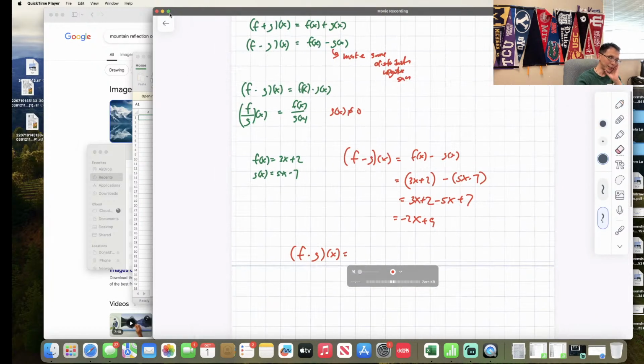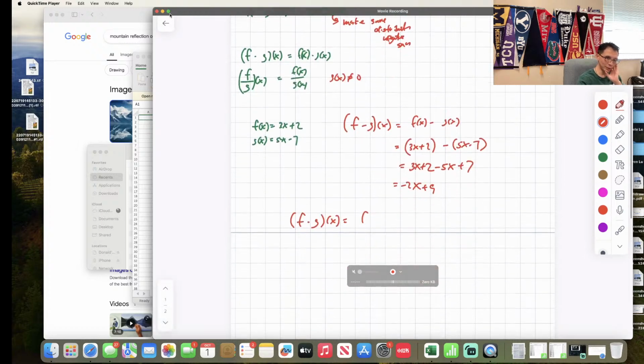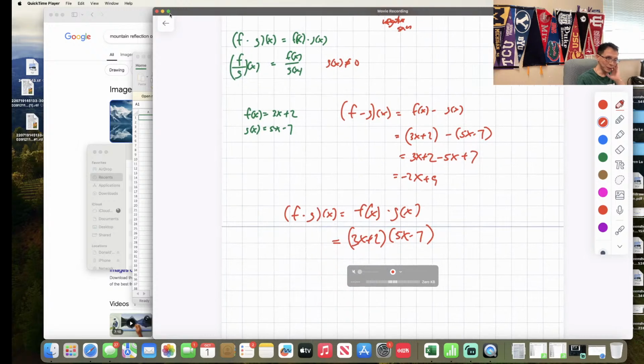Should be pretty easy. That just means f of x. Write it out. Write out the right hand part. Just say that's f of x times g of x. And then f of x is going to be 3x plus 2 times 5x minus 7. You can distribute it if you want to.